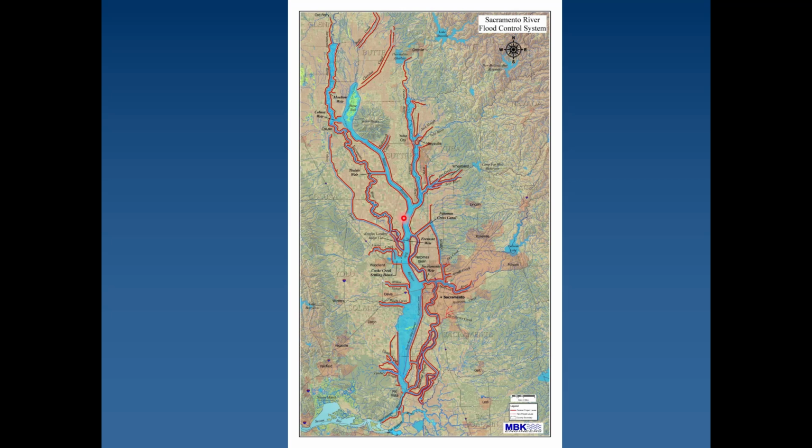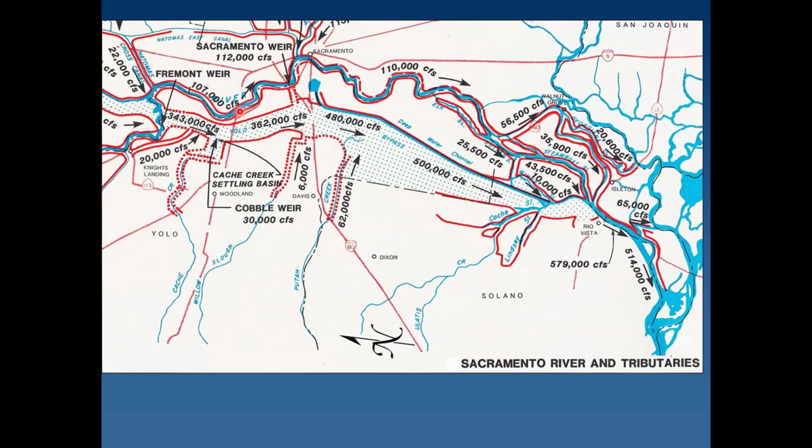One such system, though, that is pretty ingenious and does a lot of work for us for flood control is this Yolo Bypass. It is the Sacramento River moving through, and here's the town of Sacramento right here. What this Yolo Bypass does, they just put in a weir at a certain elevation, and when the stage of the river gets too high, the water then diverts and goes to this bypass, and it bypasses this part of the Sacramento River.